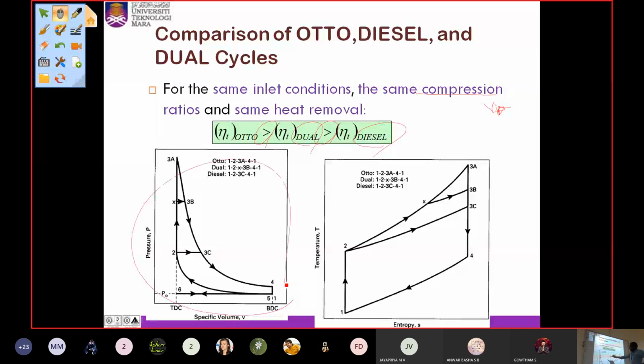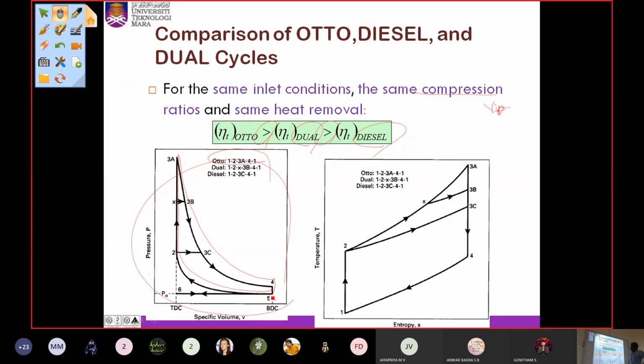Just listen. This is the process 1, 2, 3, 4, 1. This is the Otto cycle process, so you know the Otto cycle, right? Isentropic, constant volume, isentropic, constant volume.